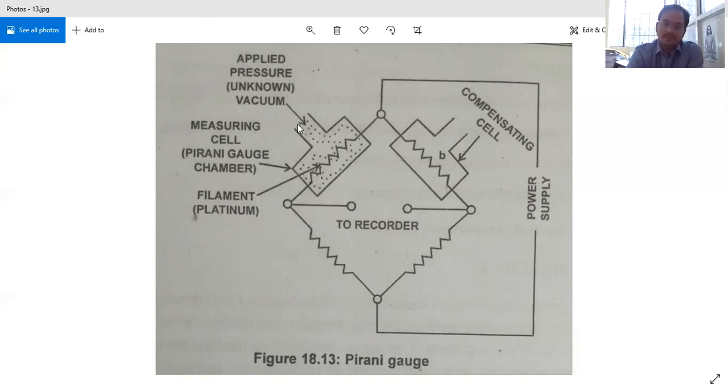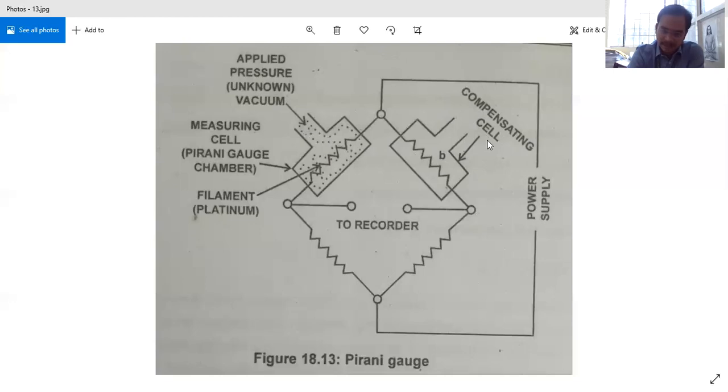Here we have two important cells. One is the Pirani gauge chamber, specifically designed to measure the pressure, where the fluid enters. The next one is the compensating cell, which will adapt the circuit to changes in the atmosphere. If there are sudden changes in atmospheric temperature and pressure, the equipment must adapt through this compensating cell.